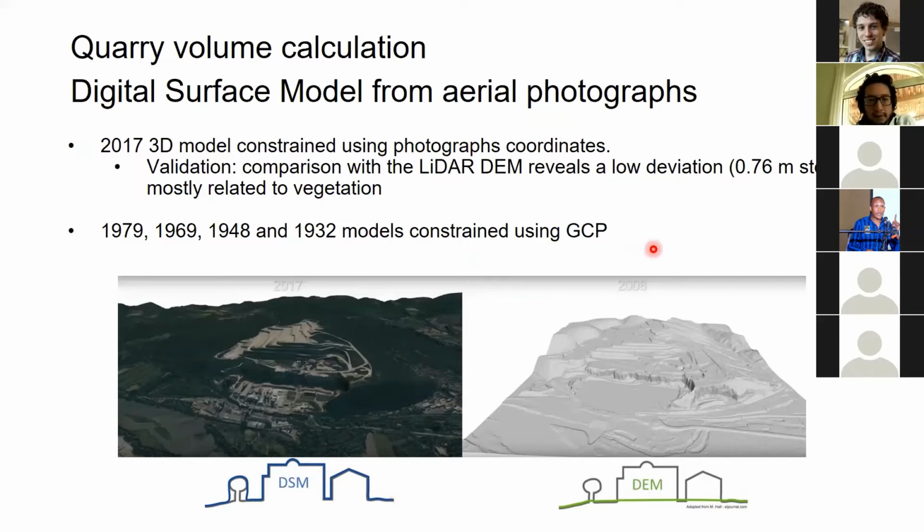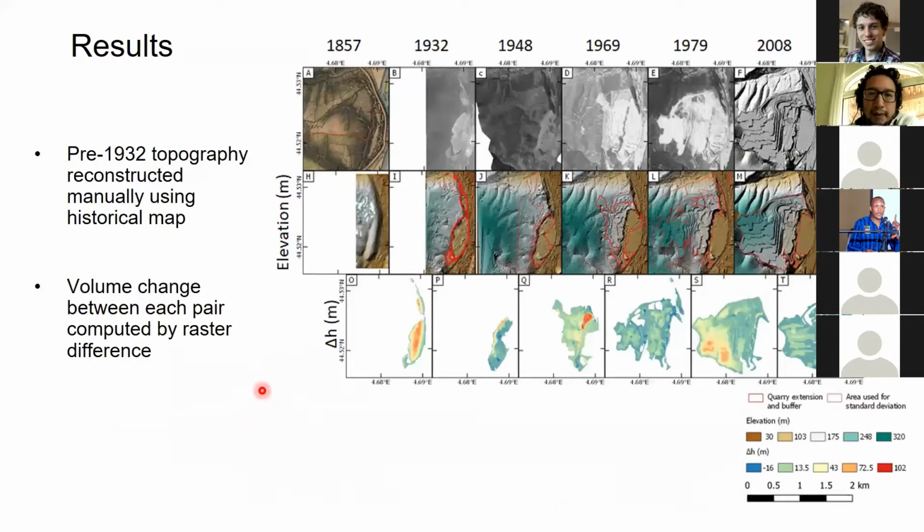He did that for the recent images, and for the older images, he had to use these ground control points because he didn't have all the parameters of the cameras. These are Jérémy's results. In the top row, we see examples of the orthophotos composed for all these different years.